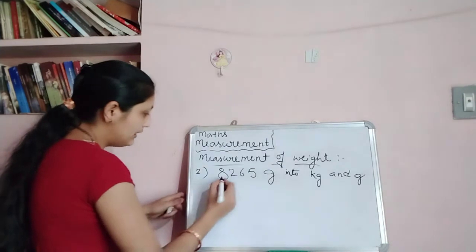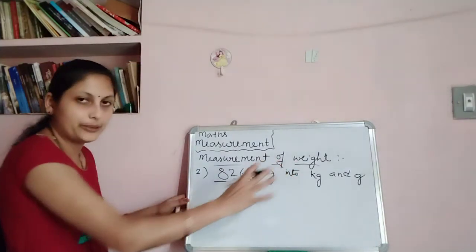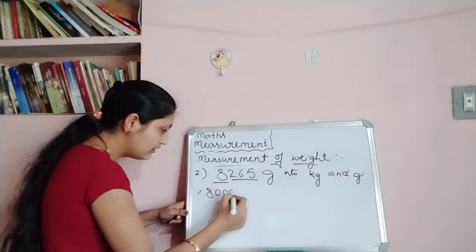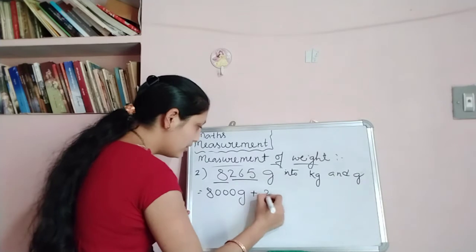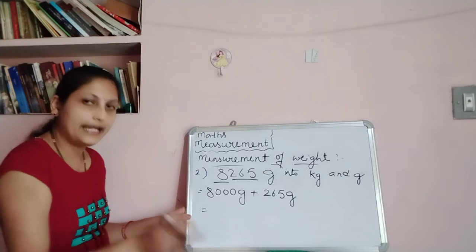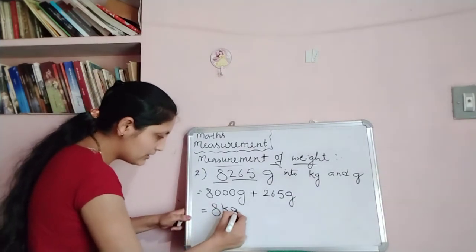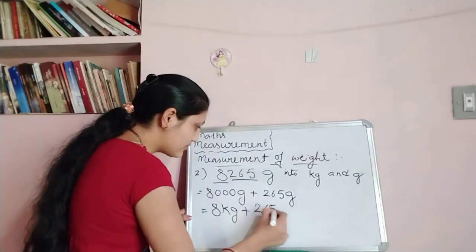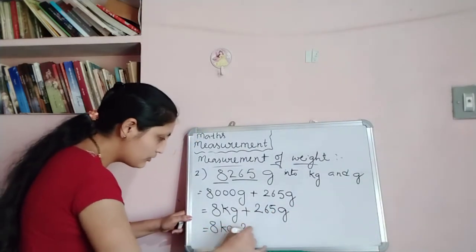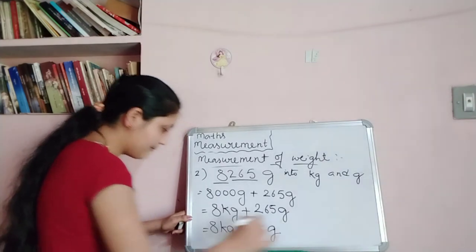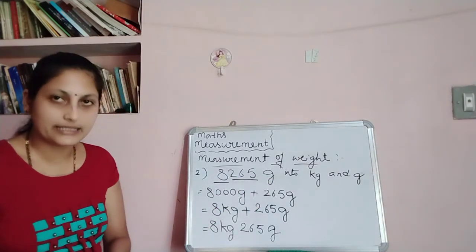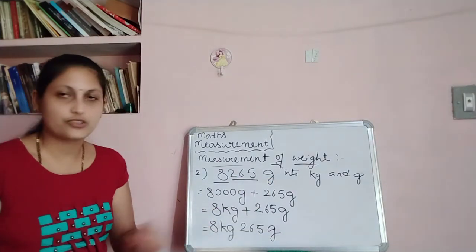So let us split into two parts. 265 is one part, 8 is another part. So it is 8000 gram plus 265 gram. 8000 gram is nothing but 8 kg. So write it as 8 kg plus 265 gram. So 8265 gram, when it is expressed in kilogram and gram, will be 8 kg 265 gram.